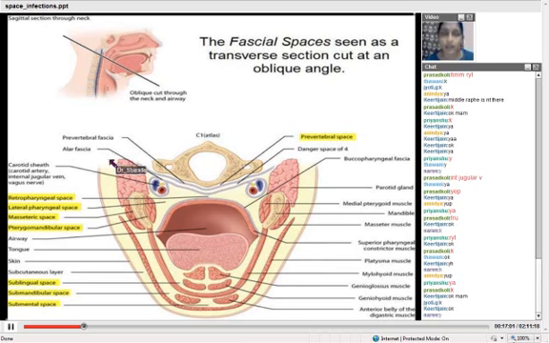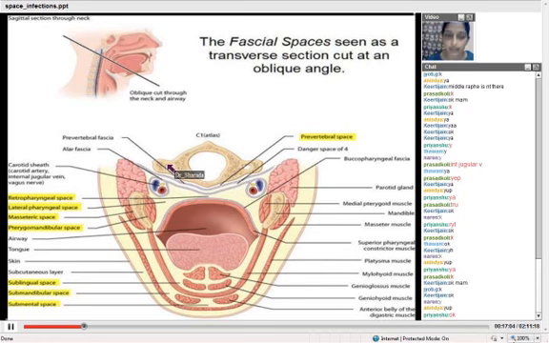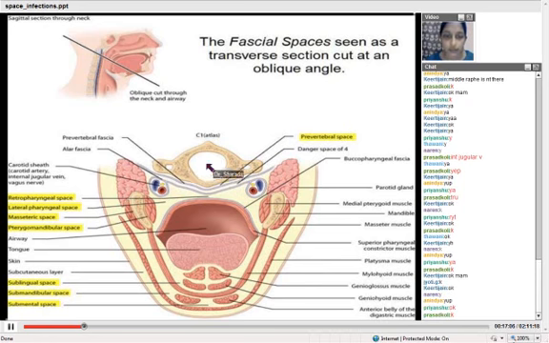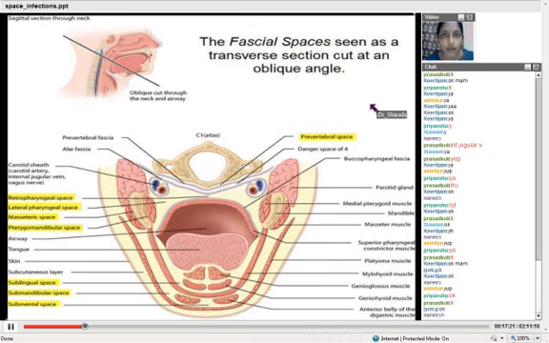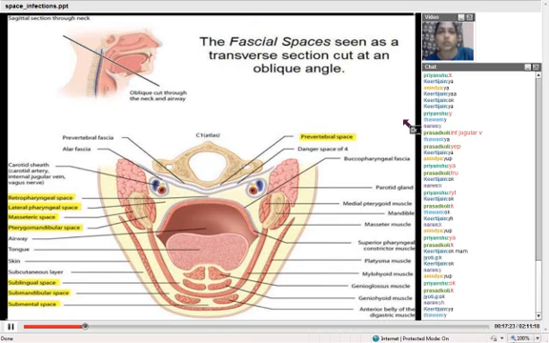Another interesting fact about your alar fascia is, if you observe, this is your vertebrae, right? You have your prevertebral fascia here. So when you remember, try to think of the vertebrae as in a lateral direction. You have certain projections, right? The vertebral body projection. It's not going to be smooth like a cylinder.